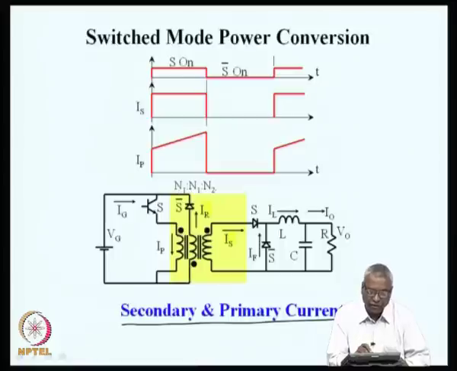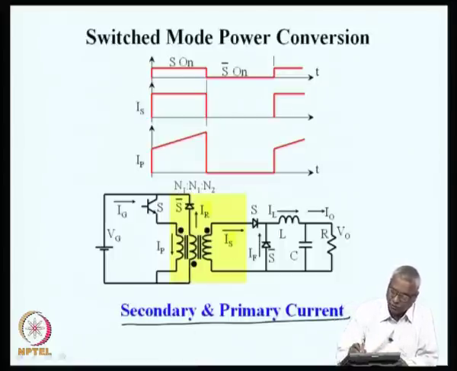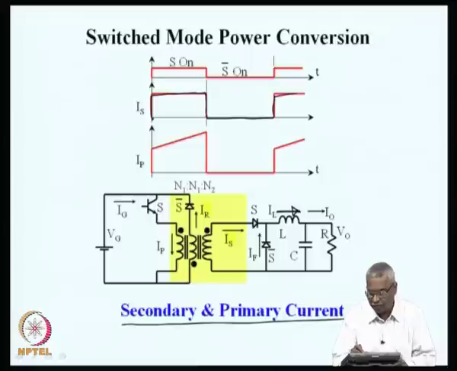The secondary and primary current can be separately treated by completely transferring the reset process to the reset winding. Now, N1 and N2 are the primary and secondary windings, and you can see, if you assume that IL is constant, then the secondary current is a square wave current. During the off time, it will freewheel through the freewheel diode.